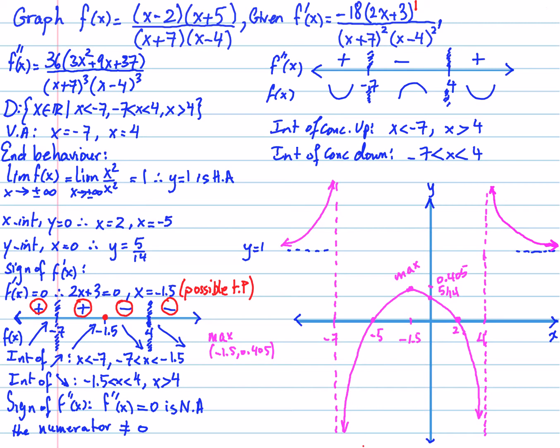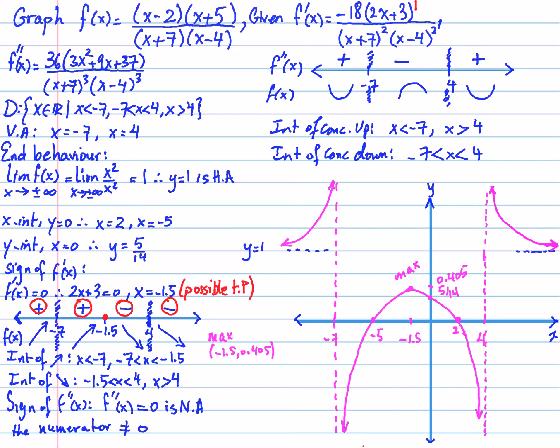Now, x plus 7 is a linear function on its own. So if x is less than negative 7, which is the root for x plus 7, that function, with a positive slope, must be negative, and at negative 7 it's 0, and after negative 7 that function becomes positive.